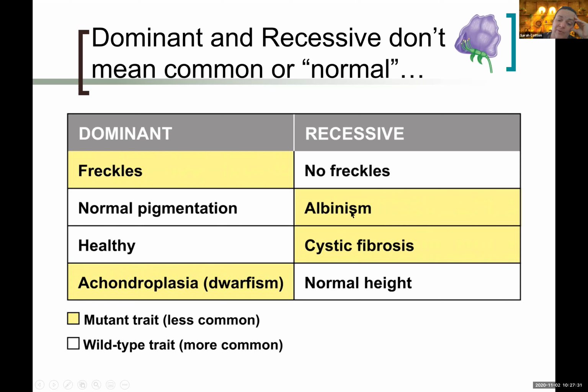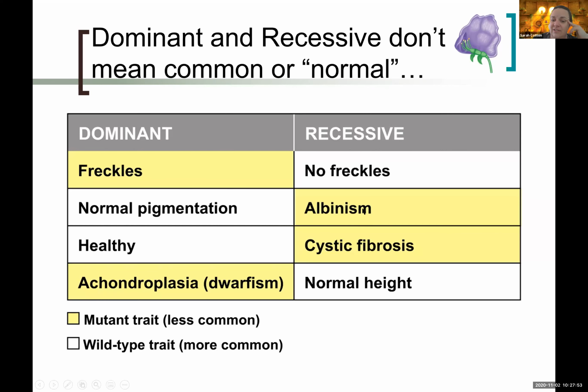Albinism is a condition where it's actually more complicated than they want it to sound in your book, but there are various different types. But in general, albinism is when somebody's body doesn't produce the normal pigment. So you don't make pigment in your skin or your hair or the irises of your eyes in some cases.